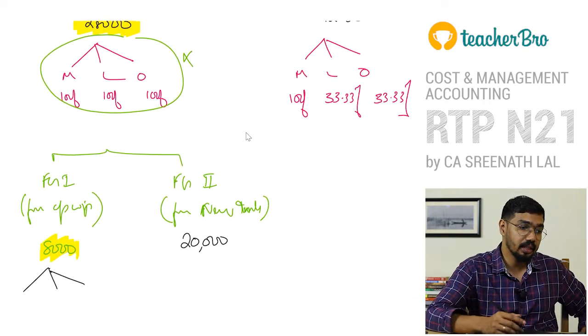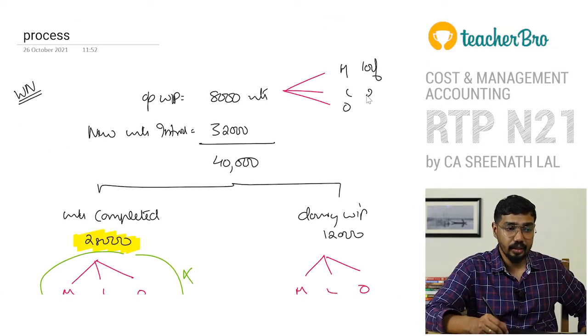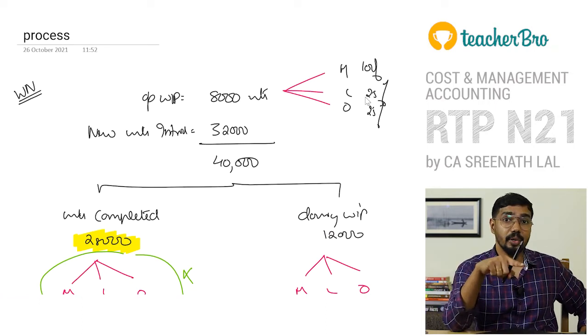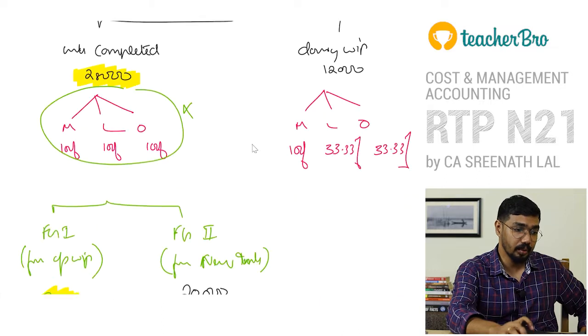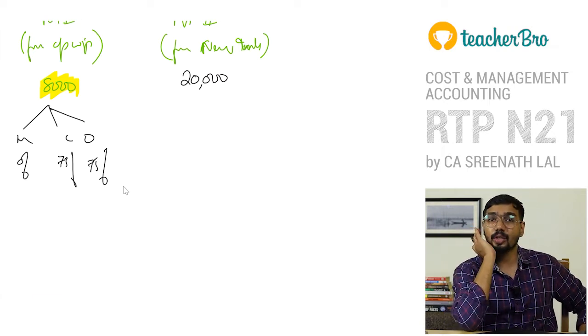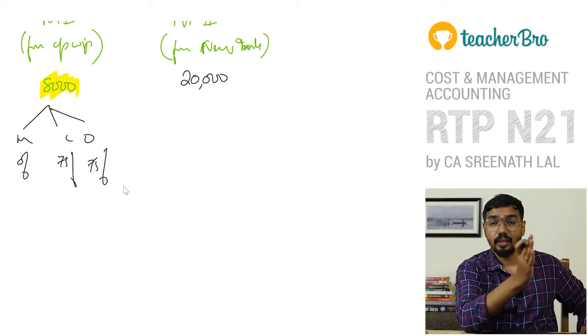So that is why material we took as 0%. Labor and overhead, it is given that these 8,000 units are already 25% complete, which means during the current period we have to do only the balance 75% of the work in respect of labor and overhead, right?